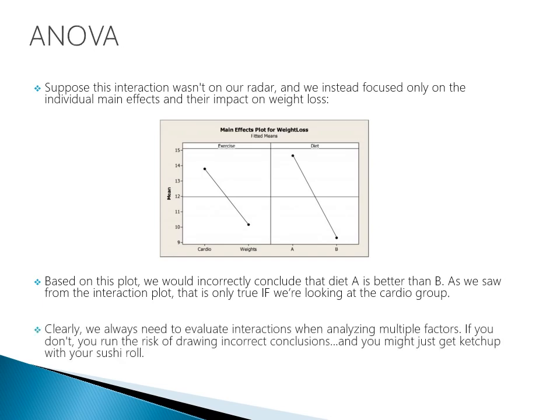Clearly, we always need to evaluate interactions when analyzing multiple factors. If you don't, you run the risk of drawing incorrect conclusions, and you might just get ketchup with your sushi roll. ANOVA is an incredible tool that we can use to help aid in assessing interaction terms.